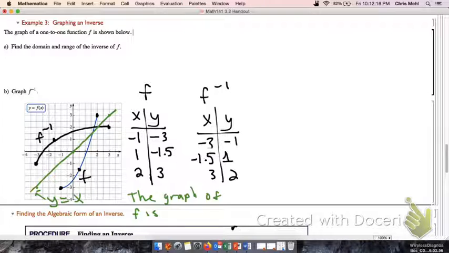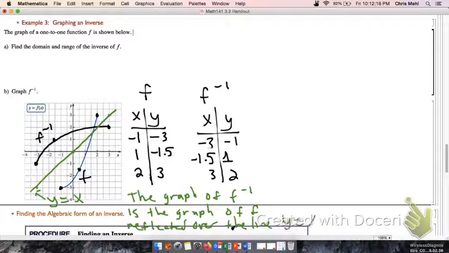or let me say it this way. The graph of f inverse, sorry, it's really hard for me to write with this pen sometimes. The graph of f inverse is the graph of f reflected over the line y equals x.